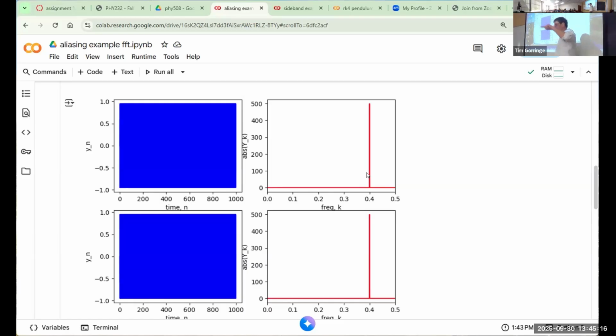The alias frequency is the sampling frequency less the true frequency. The sampling frequency is 1 hertz. The true frequency is 0.6 hertz. 1 minus 0.6 is 0.4. This is the alias frequency for the 0.6 hertz that's above the Nyquist limit.